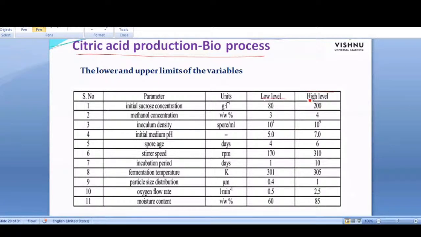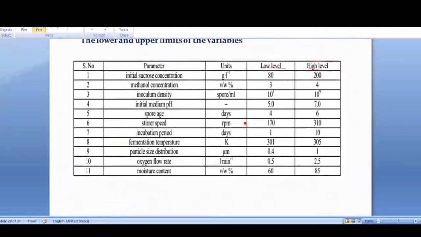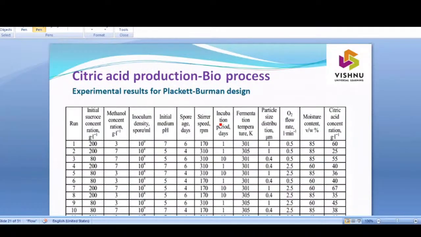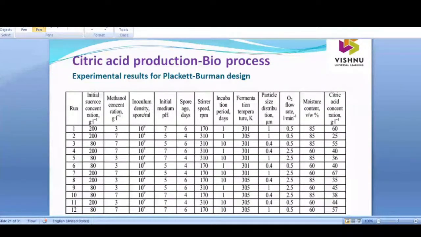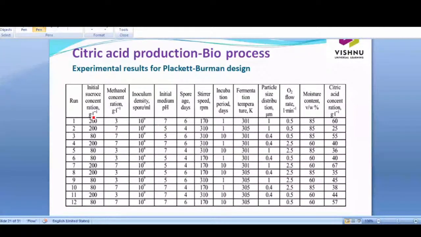In between, it will generate the combinations of the experiments. These are the combinations after generation. Then the experiments were done to find the citric acid concentration. The last column is the citric acid concentration for all the combinations of these factors.